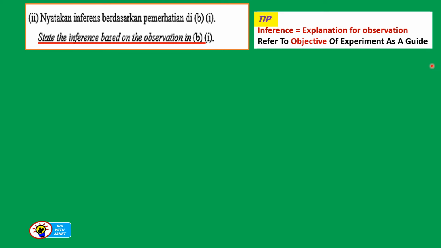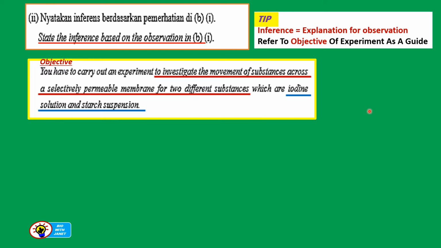The objective is given at the first part of the question. So refer back to the objective, and here's the objective. You have to carry out an experiment to investigate the movement of substances across a selectively permeable membrane for two different substances whose molecules are of different sizes, such as iodine solution and starch suspension.